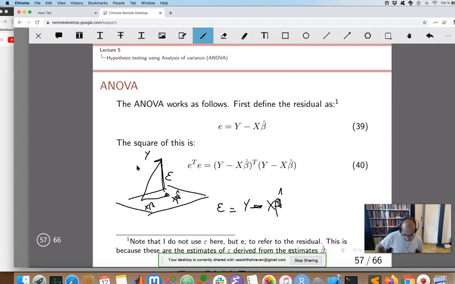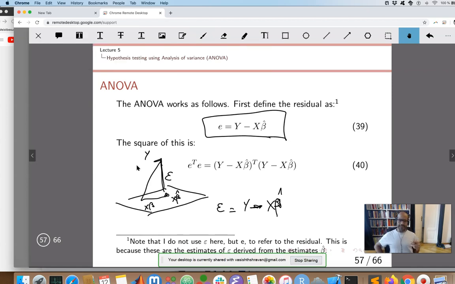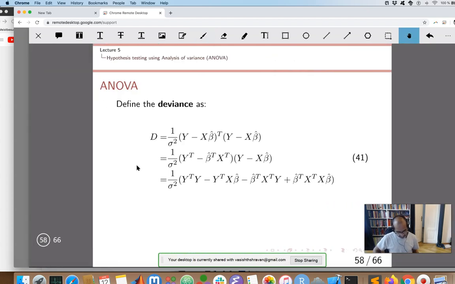So there's the residual, y minus x beta hat. Now we're going to talk about the square of this term. So we're going to square the residuals. Just bear with me here.